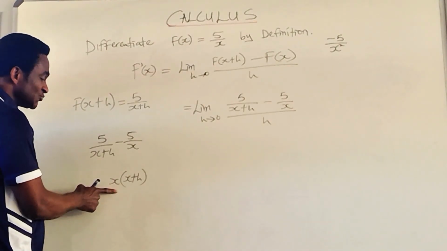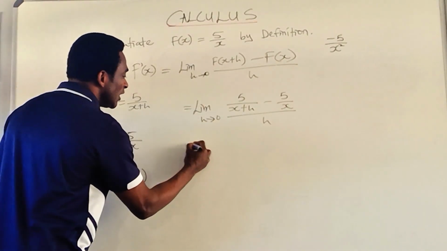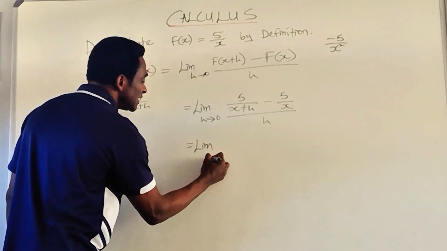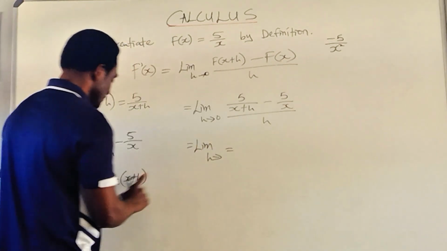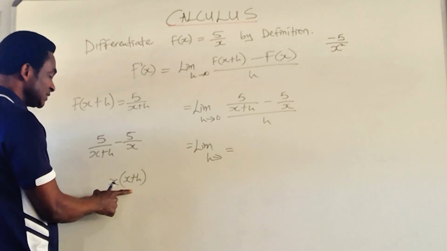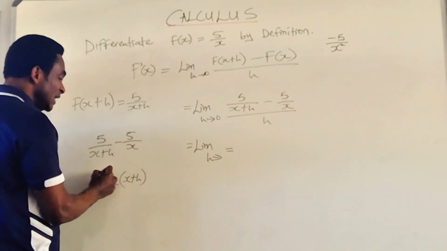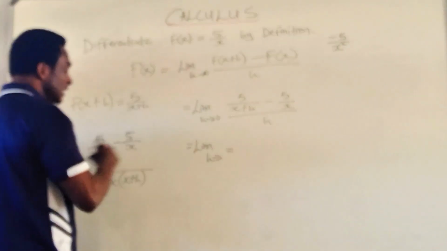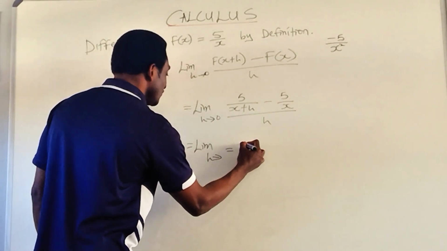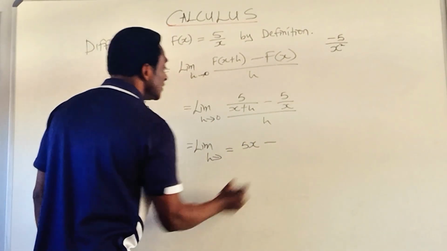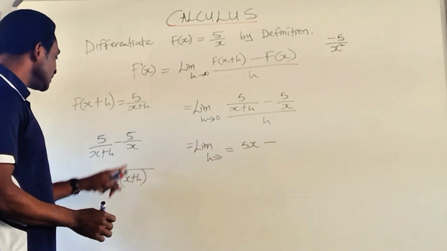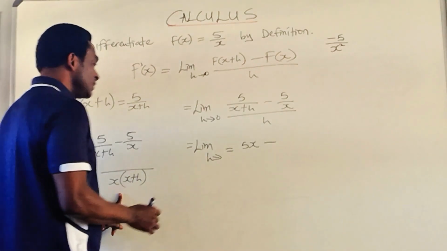So if we go on, the limit of this function as h tends to 0 will be, we have this into the LCD, we have 5x, minus x into this will give us x plus h.